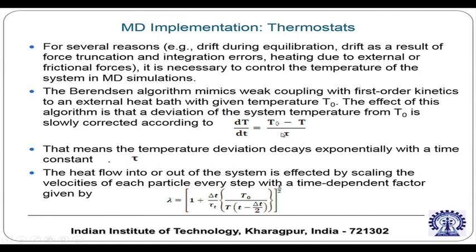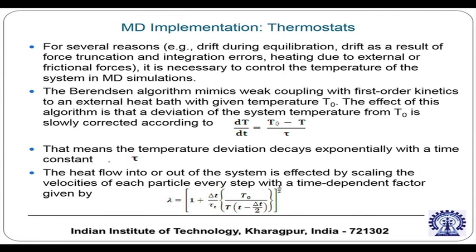So you employ dT/dt = (T0 - T)/tau, where t is the time and tau is the time constant. This means that the temperature deviation decays exponentially. If you integrate this, then the temperature versus time will be exponentially decaying, with a time constant tau.